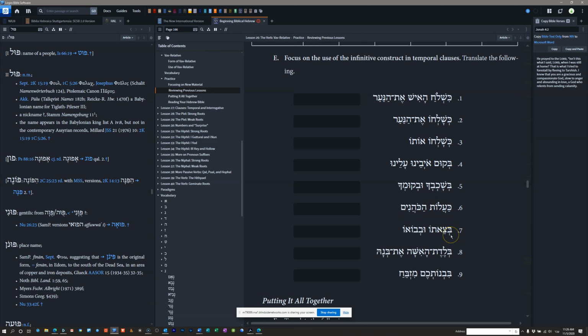All right, so we have Vaya'alu. This is Alah. This is the Vav relative plus the prefixed form. So Alah means he went up. 3MP imperfect would mean they will go up, but the Vav relative converts that again to, and they went up.